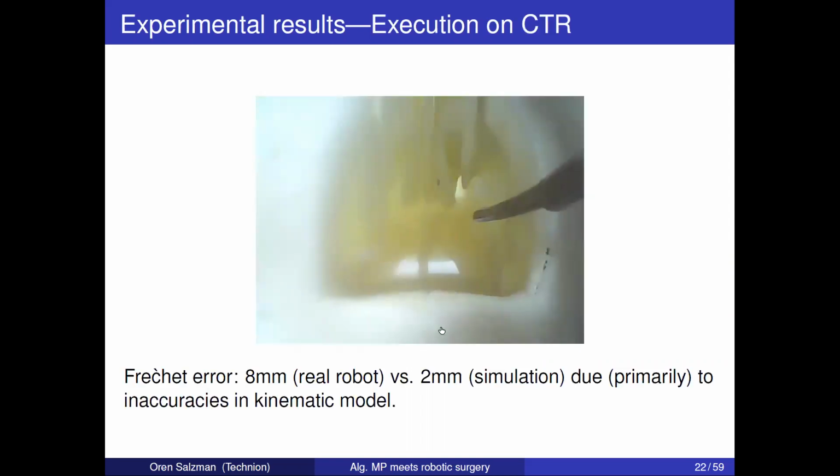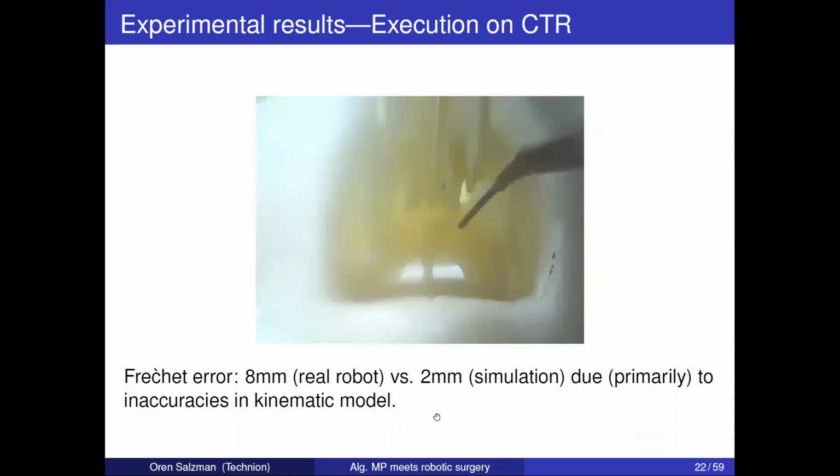And we ran it, and I hope you can see the tip of the robot following the reference path that I visualized earlier. It was hard to depict on this 3D printed skull. And in reality, we had much bigger errors. These were primarily due to inaccuracies in the kinematic model. So it's very hard to model these crazy robots.